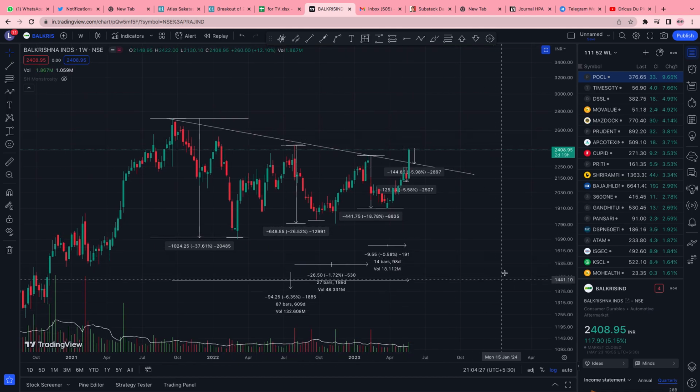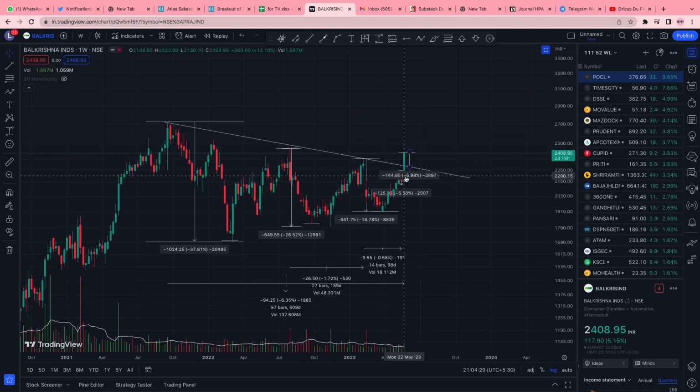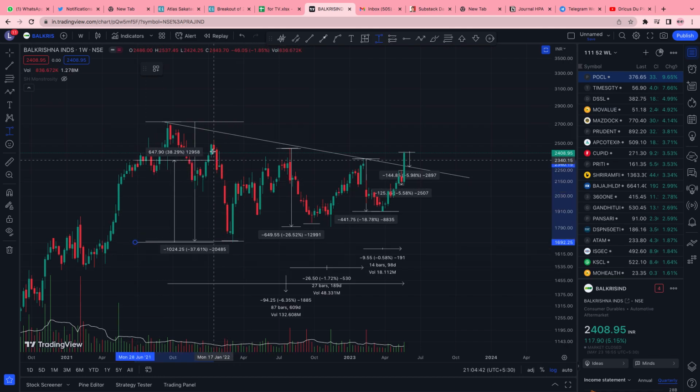if you want to calculate how much percentage gain this breakout could give you, you have to calculate the size of the base and subtend it from the point of breakout. So to get the size of the base, you measure from the bottom to the top.